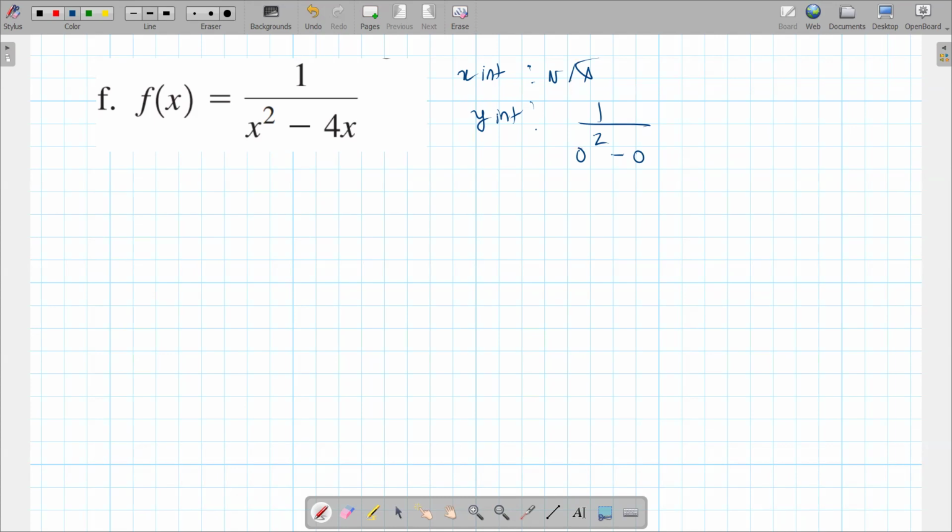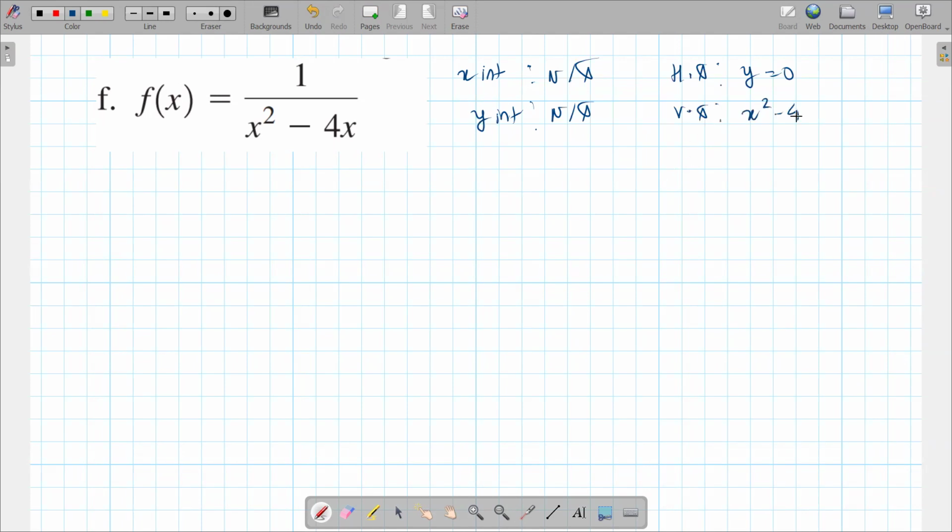No x-intercept, no y-intercept. What about the horizontal asymptote? The degree in the numerator is less than the degree in the denominator. What does that mean for the horizontal asymptote? It's 0.